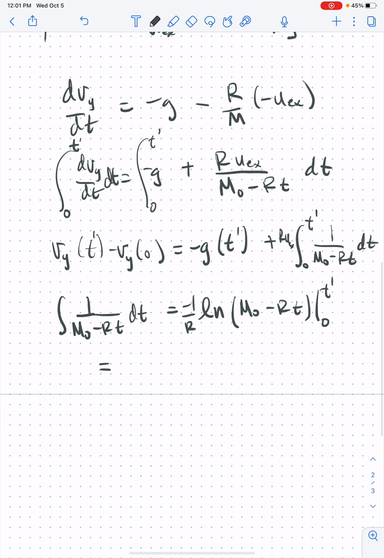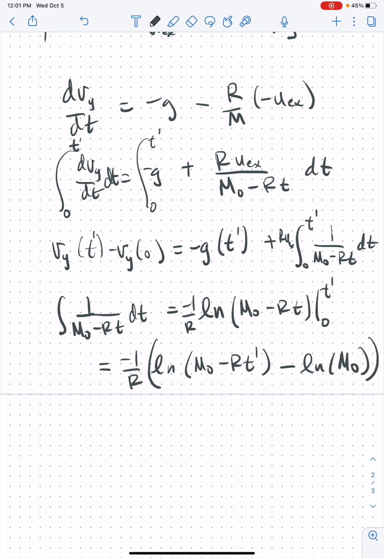Okay, and so that is negative 1 over r log of m naught minus r t prime minus natural log of m naught.